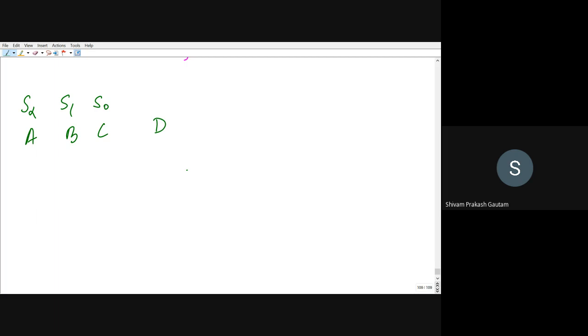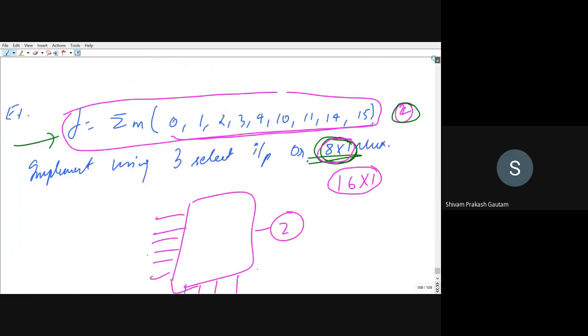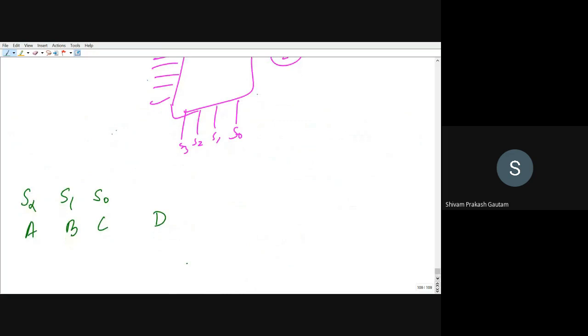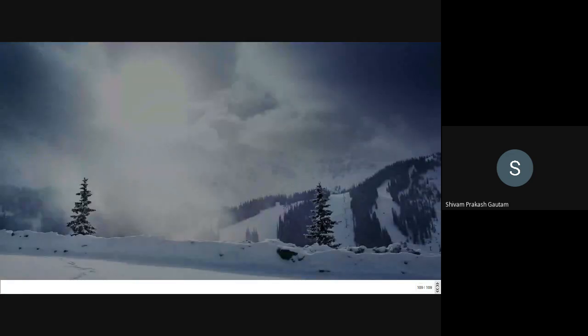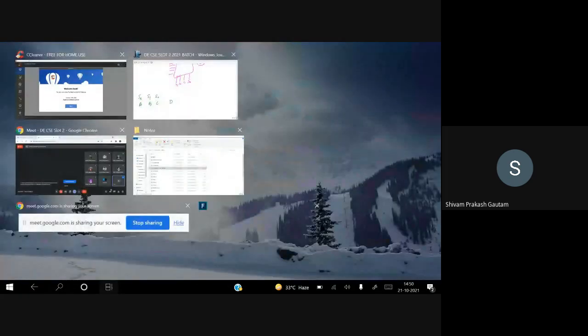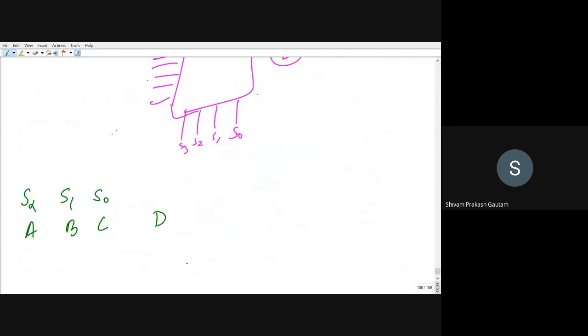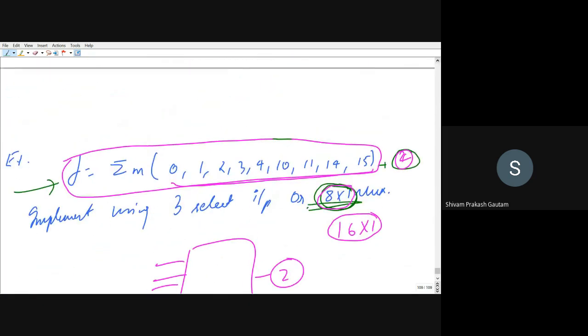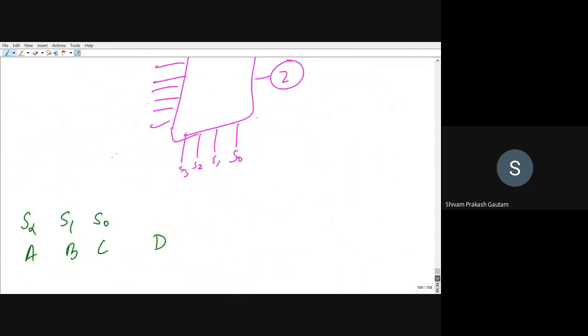Why have I written 4 variables? Because the function that we have will require 4 variables. Because the minterms go till 15, so 15 can be implemented using 4 variables only. Therefore I have used 4 variables here, A, B, C, D. There are 4 variables, but we have to implement using 8 cross 1, which means we will only have 3 select lines.